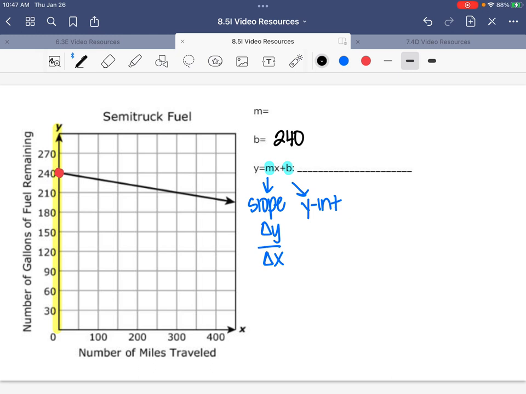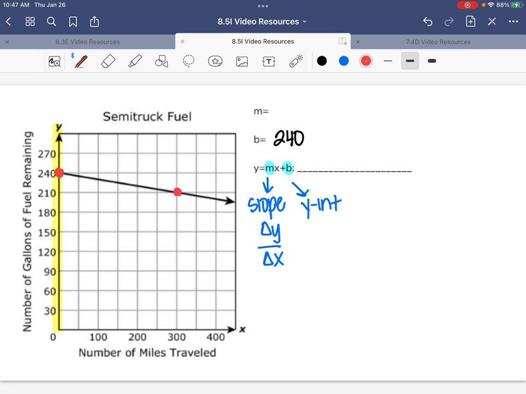So I've already identified one point, which is the y-intercept. So I just need to find one other point to find my slope between it. So I find a clean point right here at 300, 210. So I want to find the change in y to the change in x.